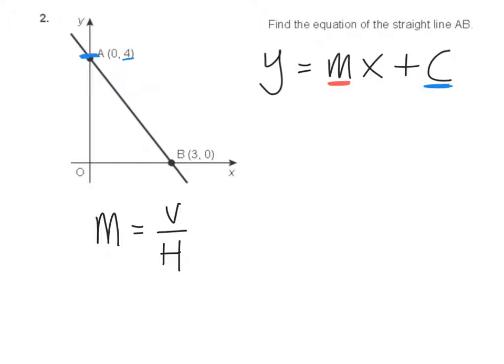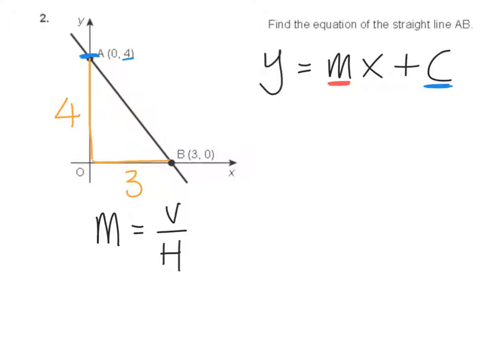So m is for gradient, and v and h are the vertical height and horizontal distance on a triangle which is created using our 2 points, or in fact any 2 points on the line. Studying the triangle carefully, we can see that v, the vertical height, is 4 and h, the horizontal distance, is 3.